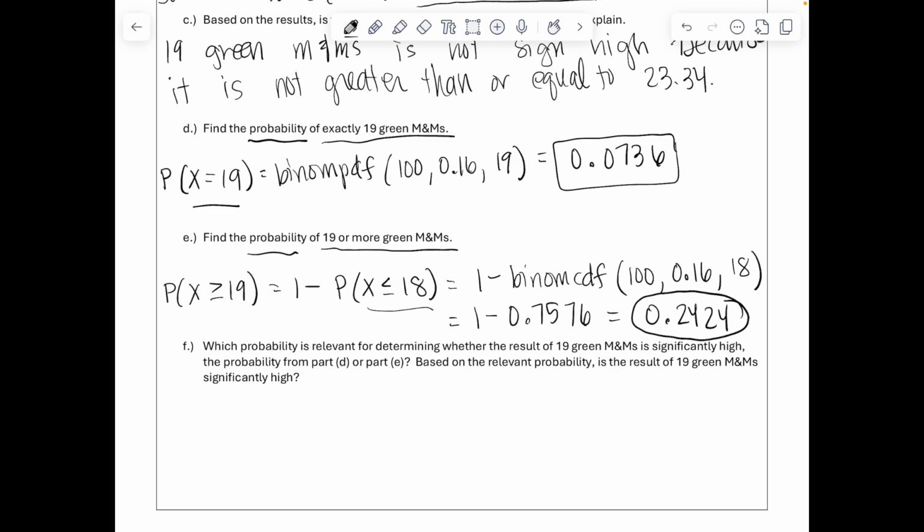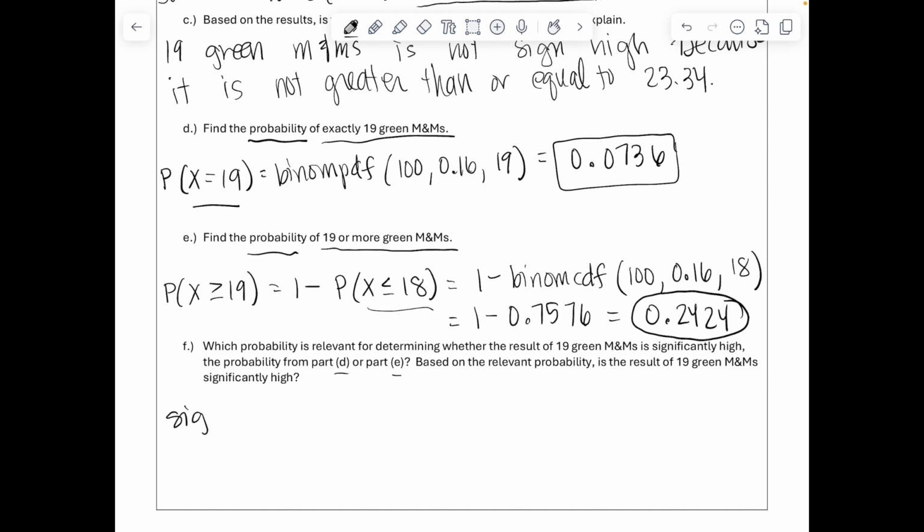The last thing that we have says which probability is relevant in determining whether the result of 19 green M&Ms is significantly high. The probability from part D or part E. It says based on the relevant probability, is the result of 19 green M&Ms significantly high? So 19 green M&Ms being significantly high means that it would have to be 19 or more.